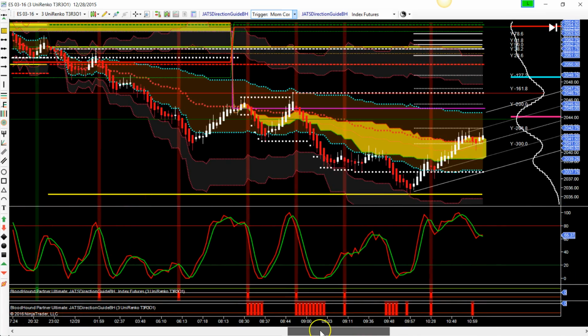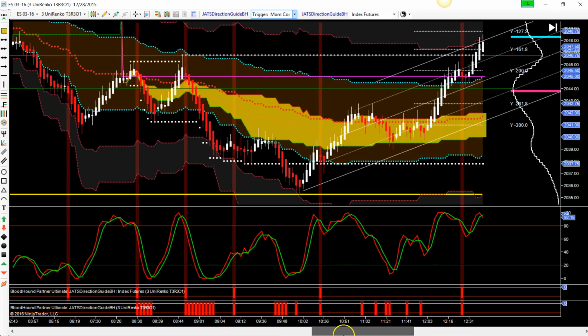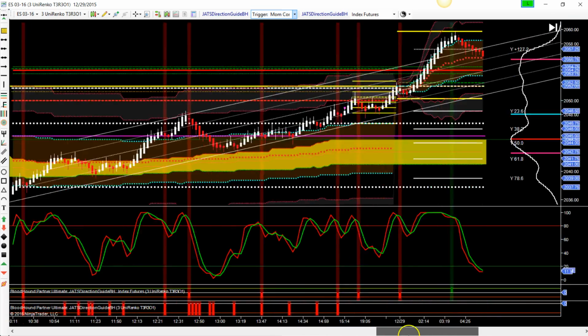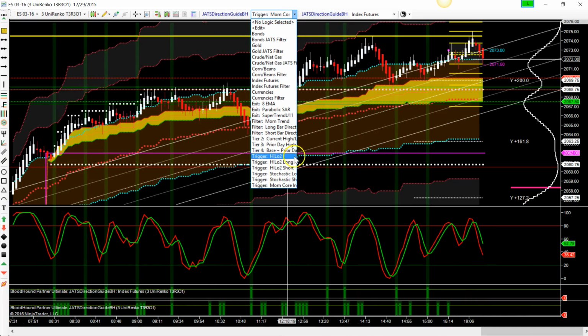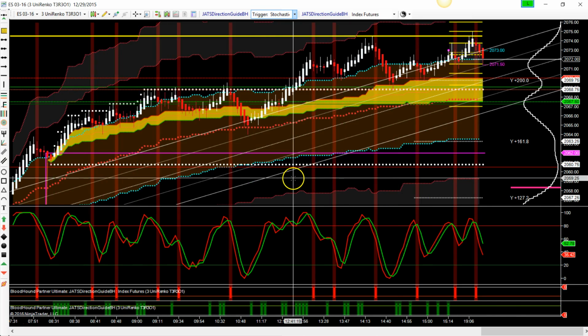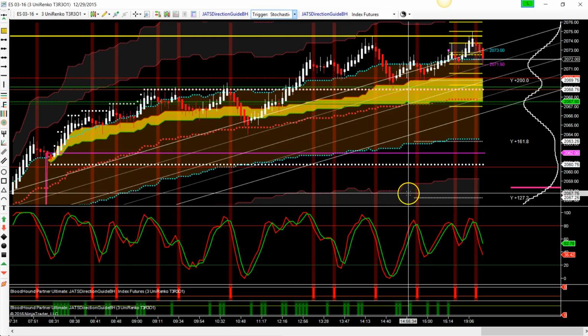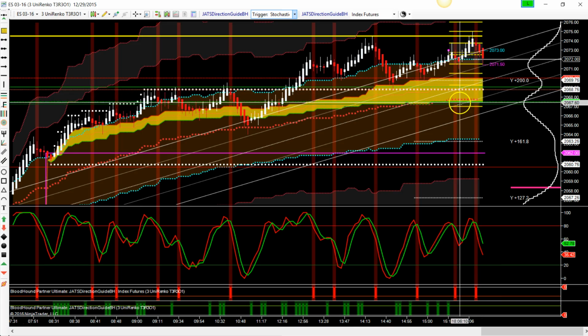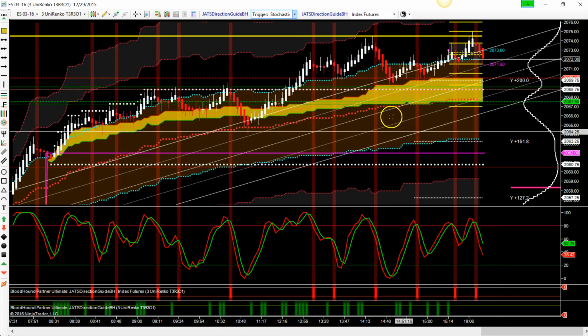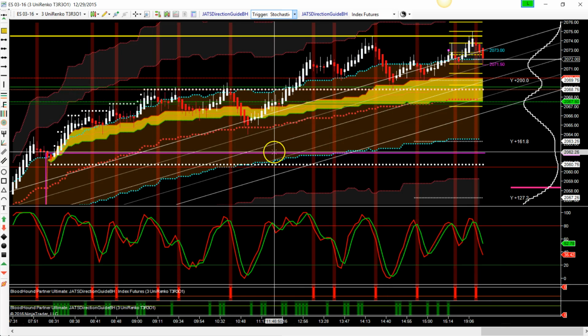You can just leave it on the momentum core inflections and it will flip for you back and forth. If you like to maintain control of whether the market is going to be trading long or short, I have some additional short inflections that I like using and taking short-term profits.